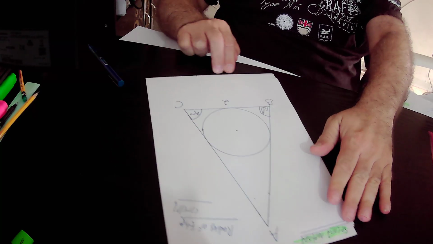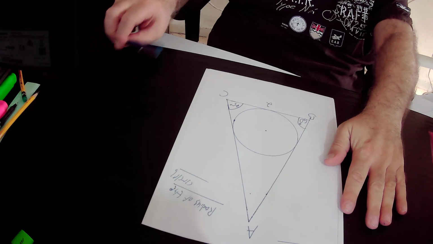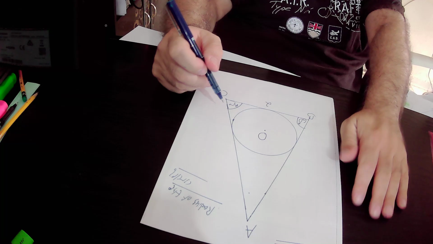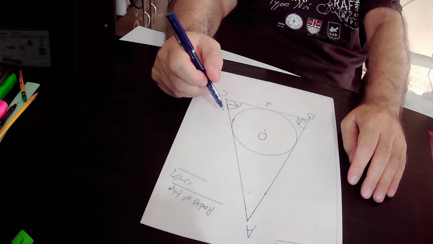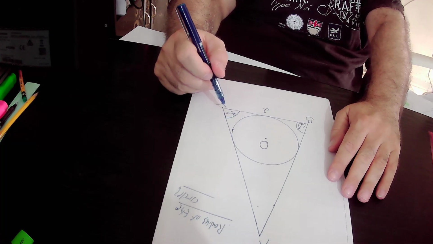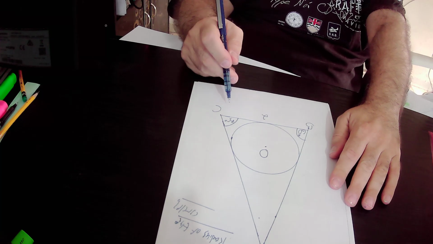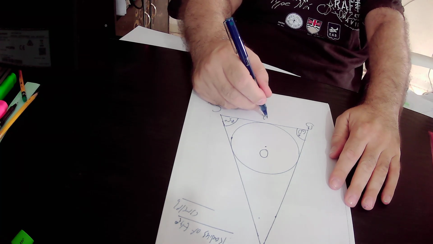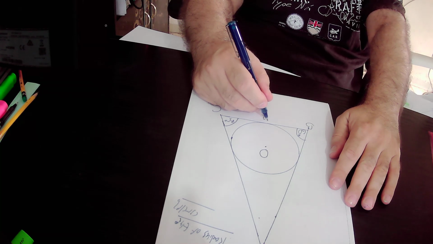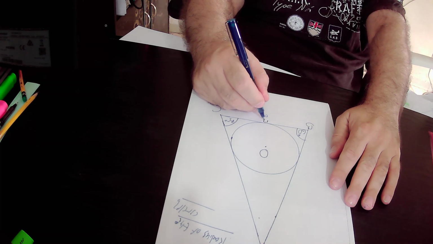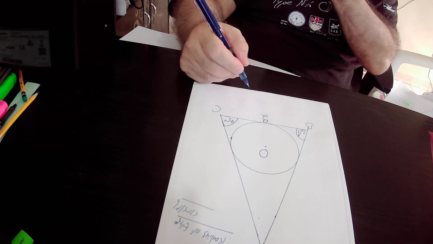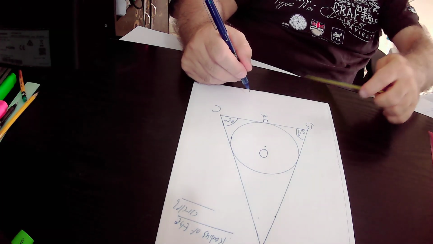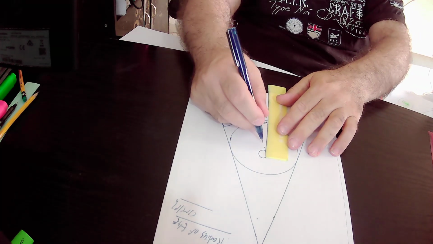In the second method, we define the center of the circle as point O. We will define the point of tangency of tangent BC with this circle as point D. We join points O and D together by a straight line.